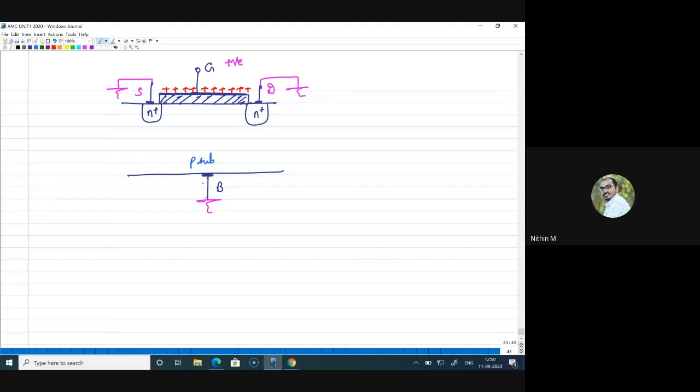Now if I look at this structure, the other conductive plate is nothing but a semiconductor, right? It is not a conductor, it is not a metal, but it is a semiconductor.